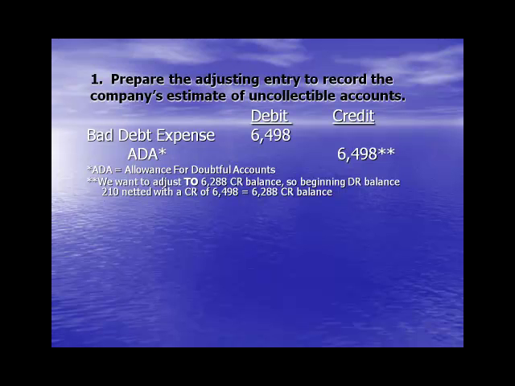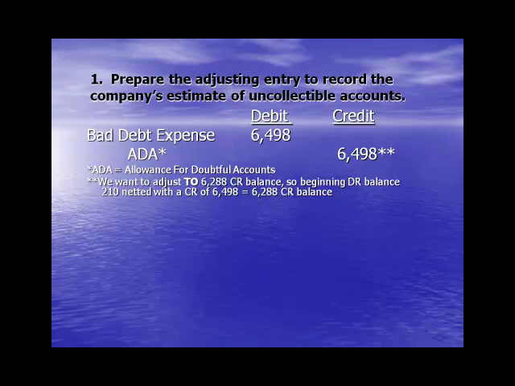We calculated $6,288, but you'll notice I have a notation there that says we want to adjust to the $6,288 credit balance. So beginning debit balance $210 netted with a credit of $6,498 is going to equal $6,288 credit balance.